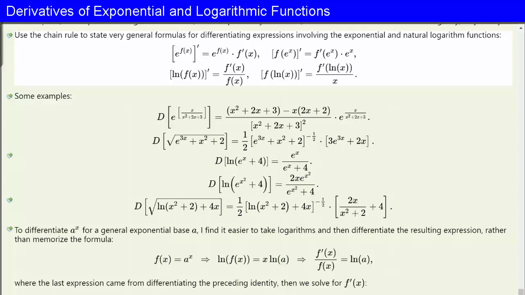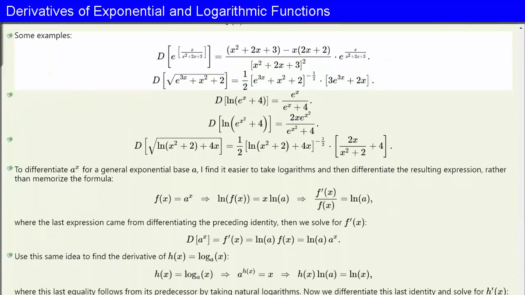Both of these formulas come directly from the chain rule. With the logarithm function, we have similar formulas. The derivative of log f of x is 1 over f times f prime, usually written f prime over f. And the derivative of any function of log x is f prime of log x times 1 over x.